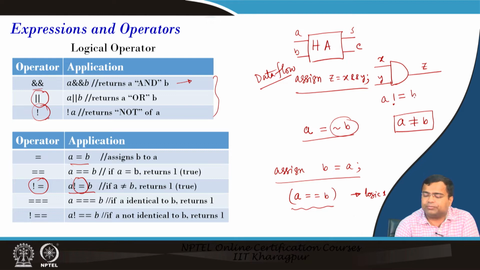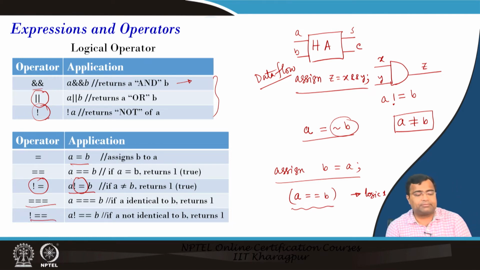And if you write this triple equal, then A is identical to B, return 1. That means A and B are identical, return 1. These are some of the operators, and this will operate bitwise.